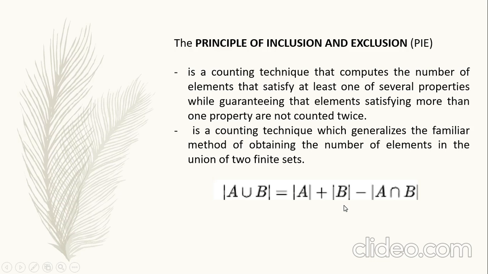So there are elements that are common in both sets. The 3, so in order for 3 not to be counted again, you have to get that intersection. That is why you have there minus the intersection of A and B, in order for a particular element not to be counted twice. Okay.